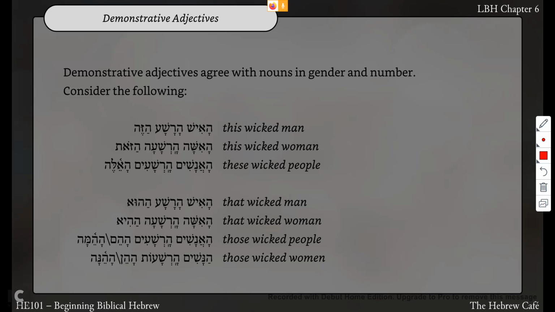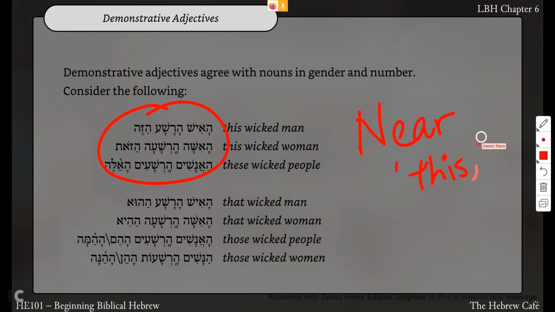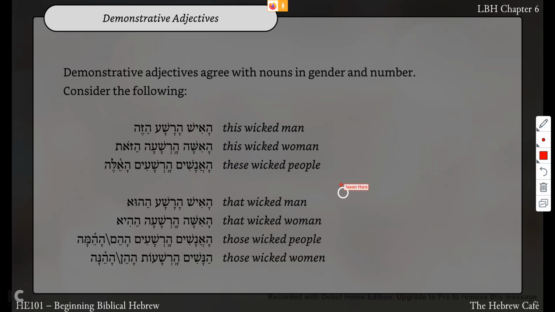All right. The next demonstratives, we would call them near demonstratives. That is this and these. There are also, of course, far or distant demonstratives. That's that and those. In Hebrew, generally, it's hahu, hahi.